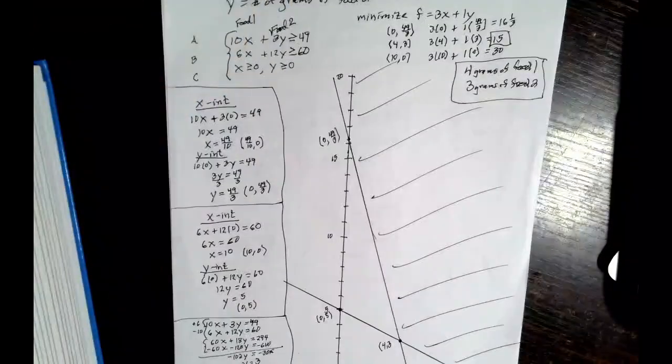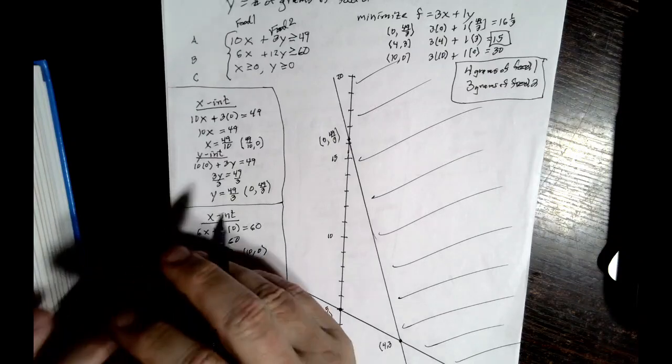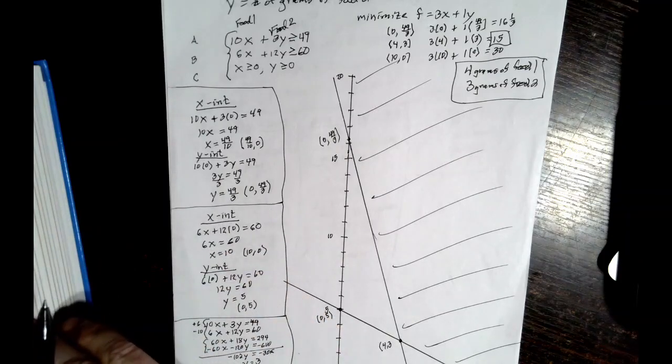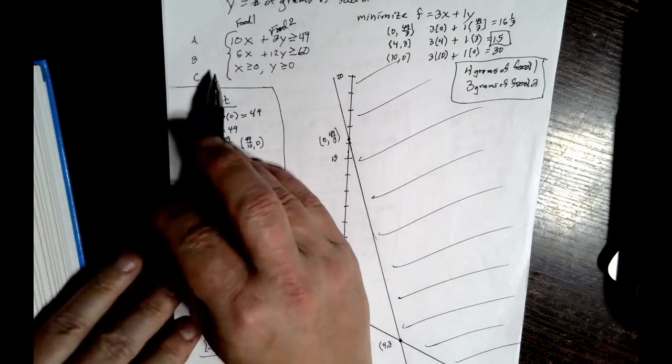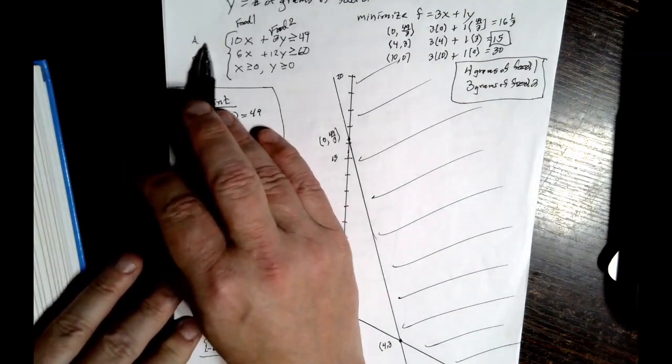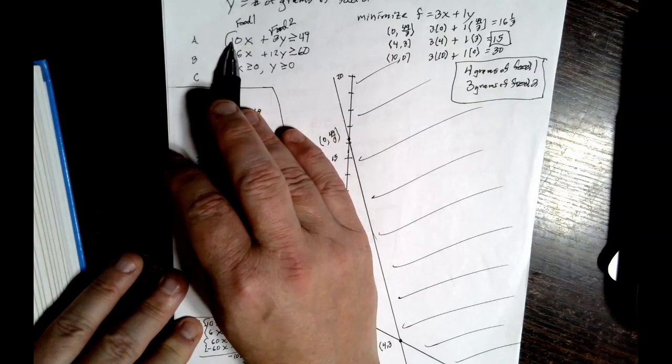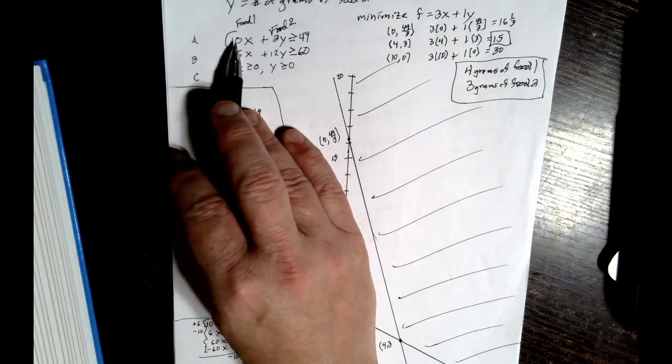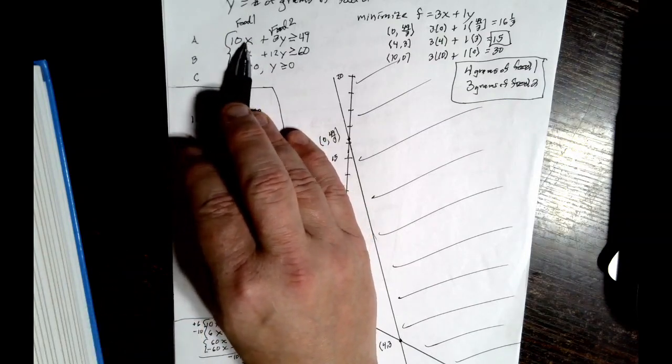Now 38 talks about two different types of food, and they have essential ingredients A, B, and C. So the amount of ingredient A found in food 1 is 10 units per gram times the number of grams.